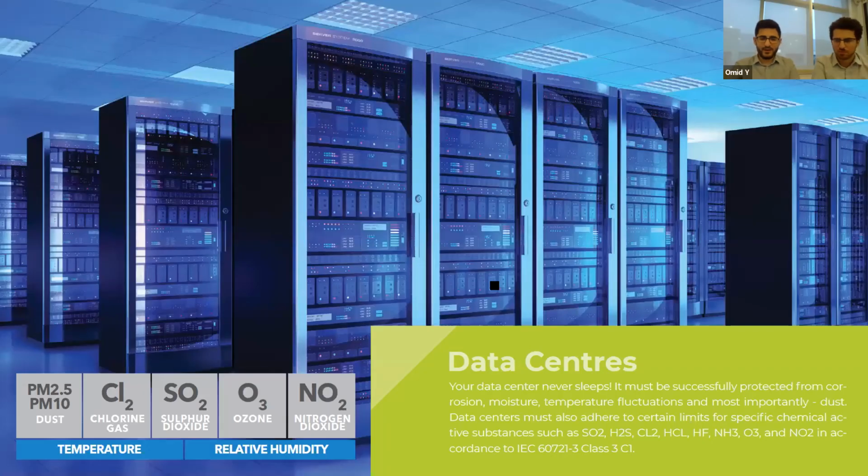Another interesting application is the use in data centers. These types of gases, for example chlorine and sulfur dioxide, are corrosive to the equipment in the data centers, and it's very critical to monitor these levels at all times and produce an alarm to provide mitigation.